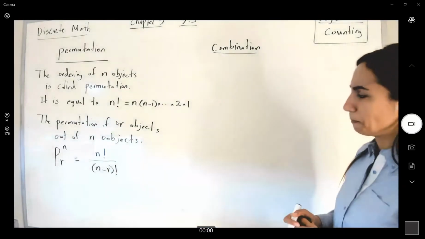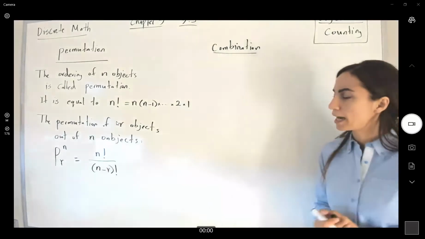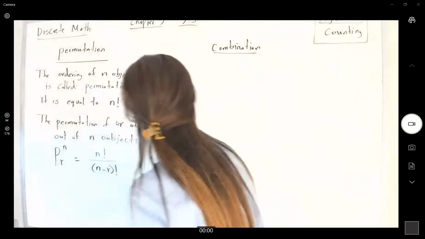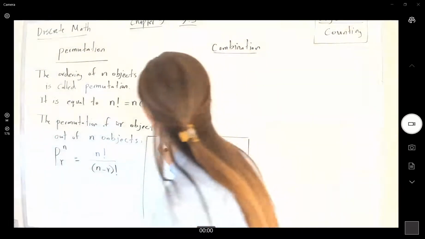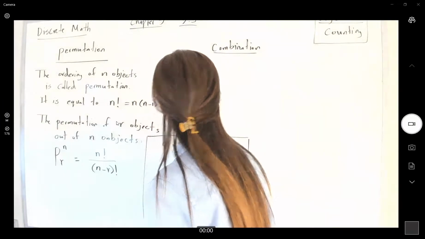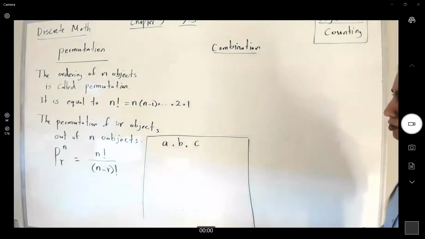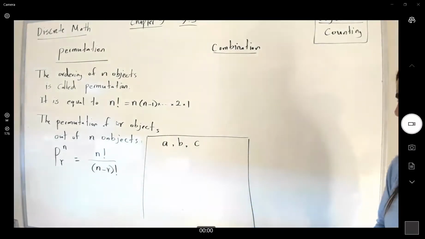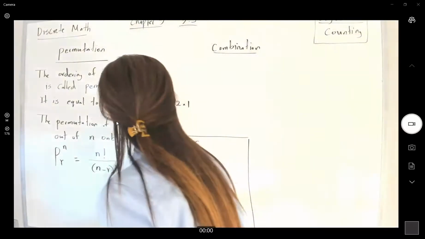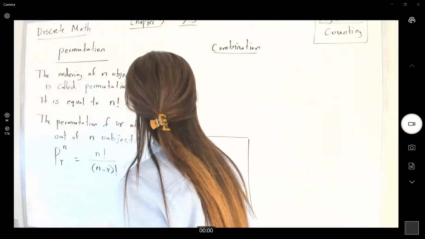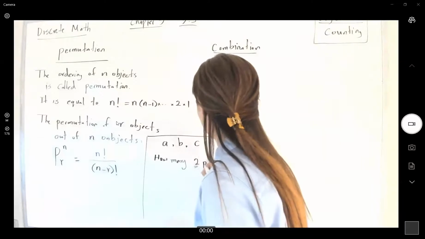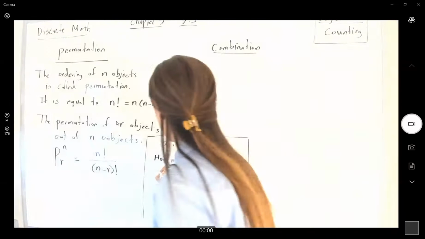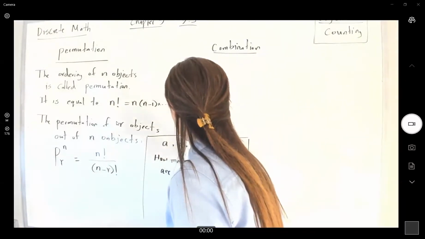Let me give you an example. Suppose I have 3 letters, A, B, C. And I ask you, how many 2 permutations are available?